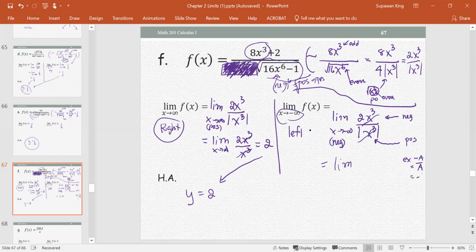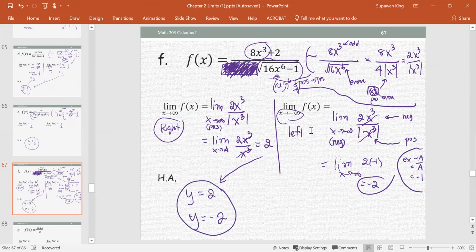Negative 1, right? Therefore, the limit is 2 times negative 1, or negative 2. So we have another horizontal asymptote, y equals negative 2. On the right side, the graph approaches the line y equals 2, and on the left side, the graph approaches the line y equals negative 2.